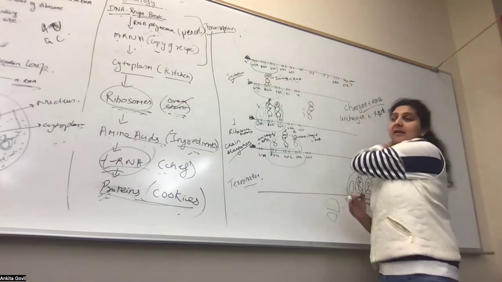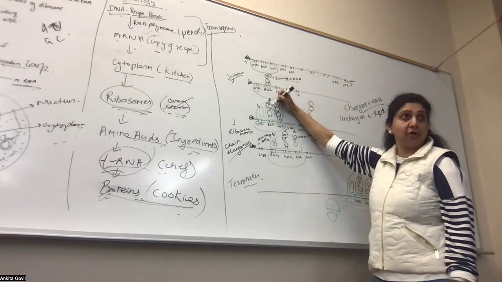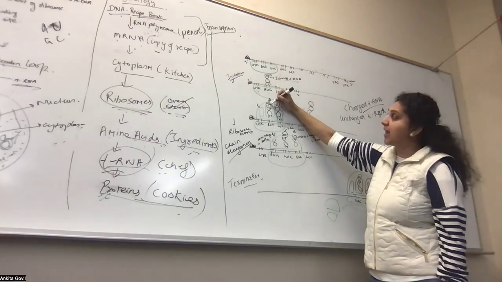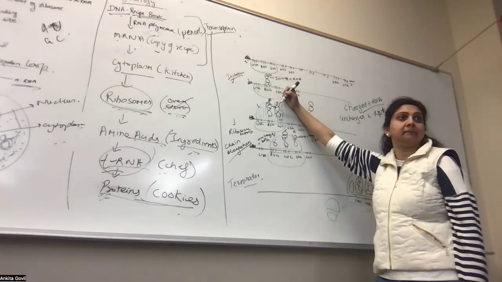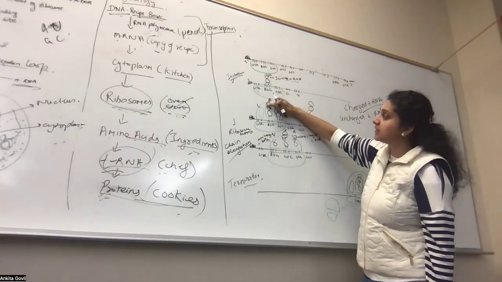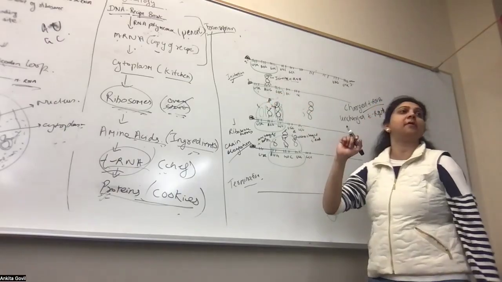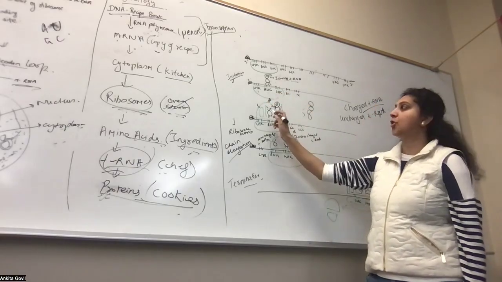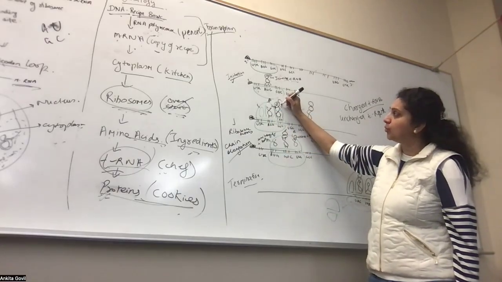Now what happens? This tRNA, which had the methionine, it had transferred this methionine to this tRNA, right? So now it does not have any amino acid on top of it. So this is called uncharged tRNA. This one has two amino acids.